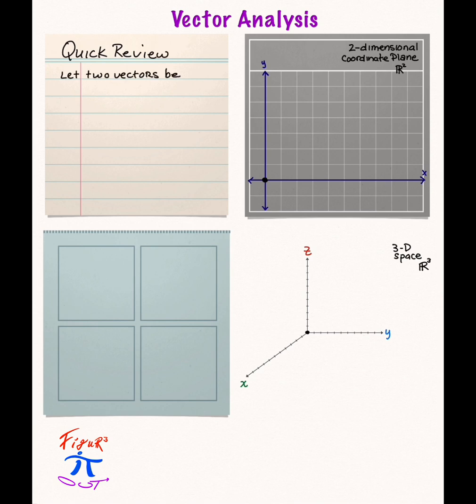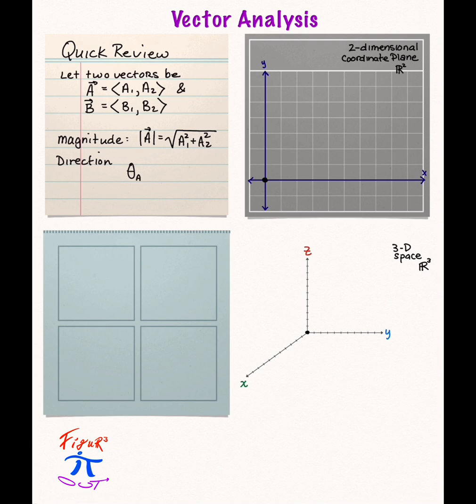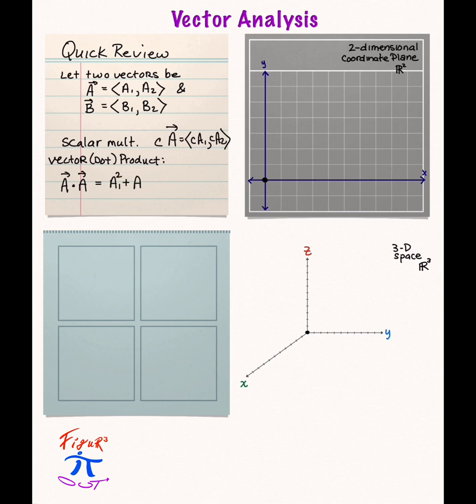A quick review. Let's say we have two vectors with their components A1, A2, B1, B2, magnitudes found in the natural way we've discussed before, and angles found in the way that we discussed before. Scalar multiplication has a number times a vector, where the dot product is the product of two vectors, giving us a scalar value.